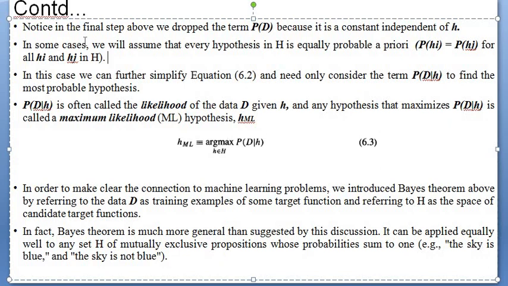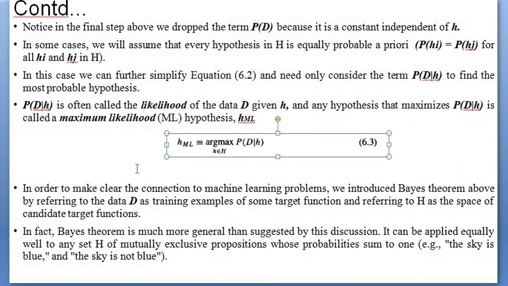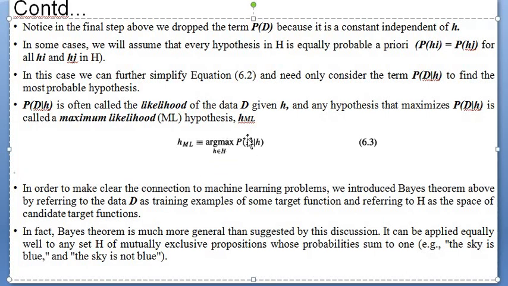Then in this case, P of D given H is often called the likelihood of the data D given H. It is called likelihood. So it is also called the maximum likelihood, ML.